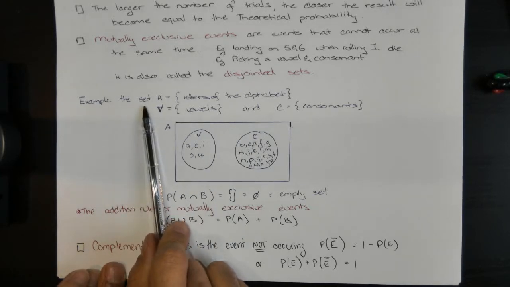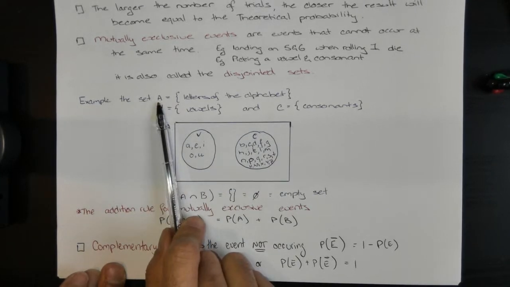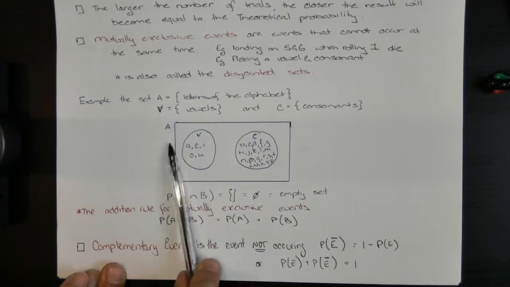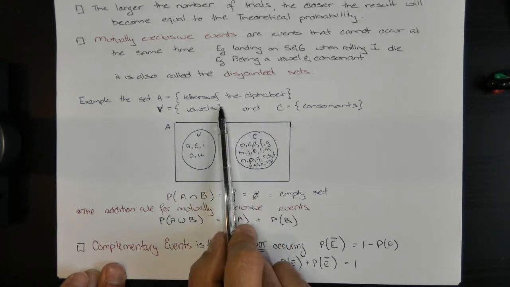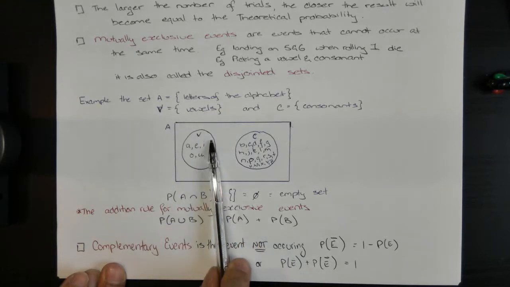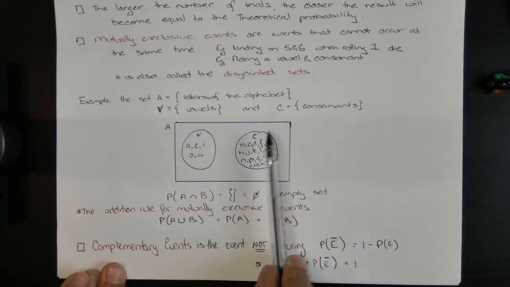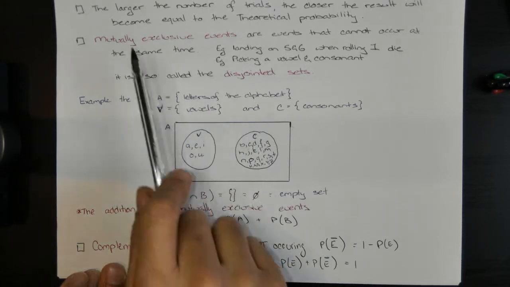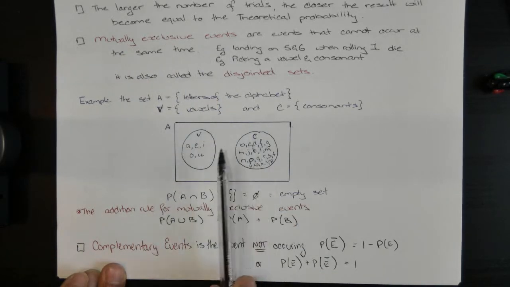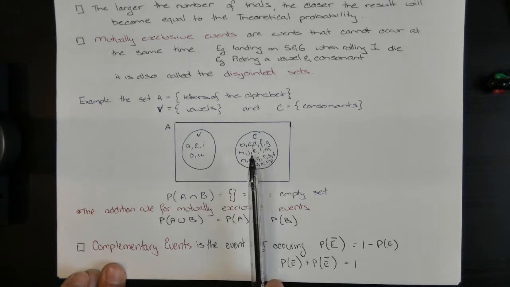The example that I have here is of set A. This is the whole set of the letters of the alphabet. I have a subset in that of V, which is the vowels, and a subset of C, which is the consonants. They're disjointed and therefore they're mutually exclusive. It's impossible to pick up a vowel that's also a consonant.